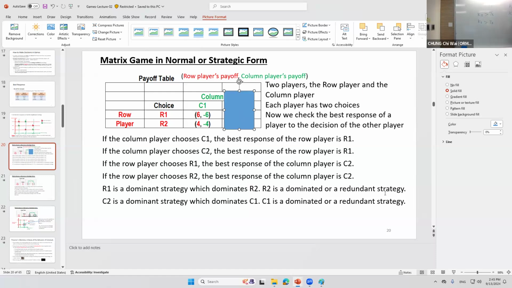If the column player chooses C1, the row player can choose R1, obtaining a return of 6 units. Choosing R2, the return is just 4 units. Here, if the column player chooses C1, the best response of the row player is R1. Now the column player can choose C2.